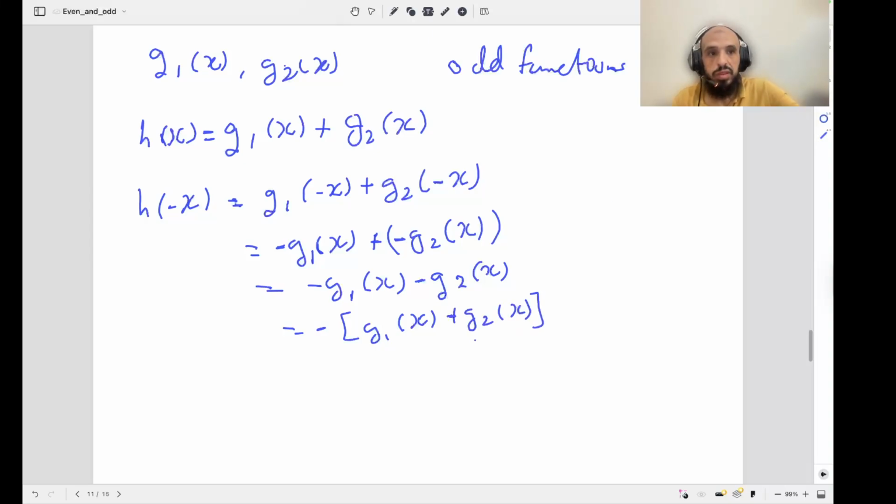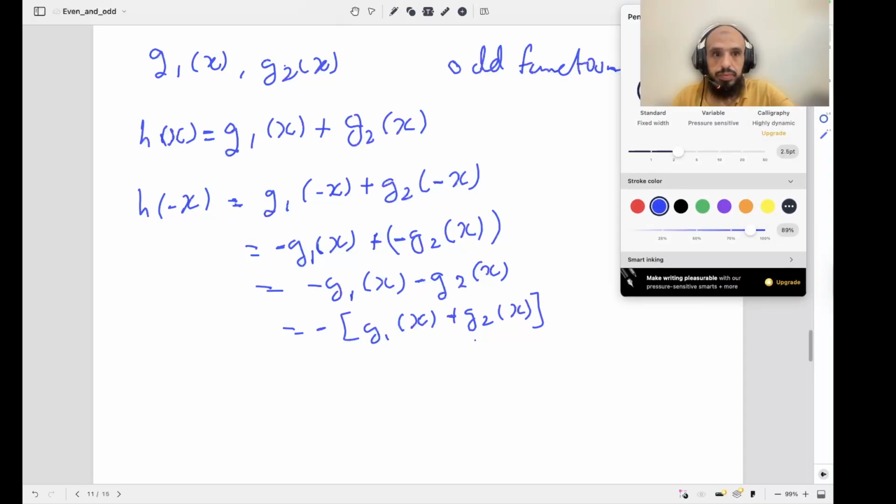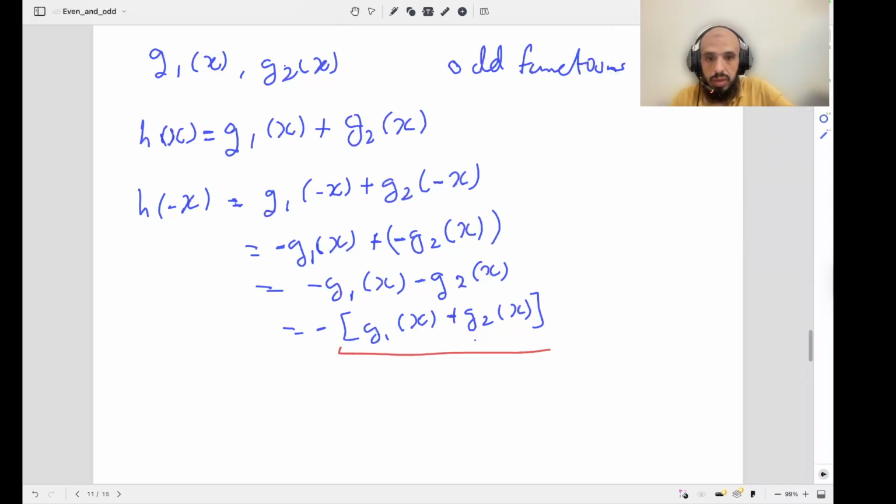And we notice that this is our original h of x, so this is negative h of x. So we got the negative of the original function, so this is an odd function. So the sum of two odd functions is an odd function.